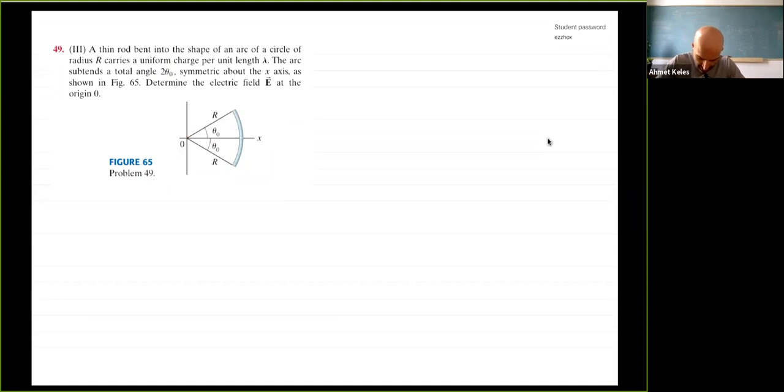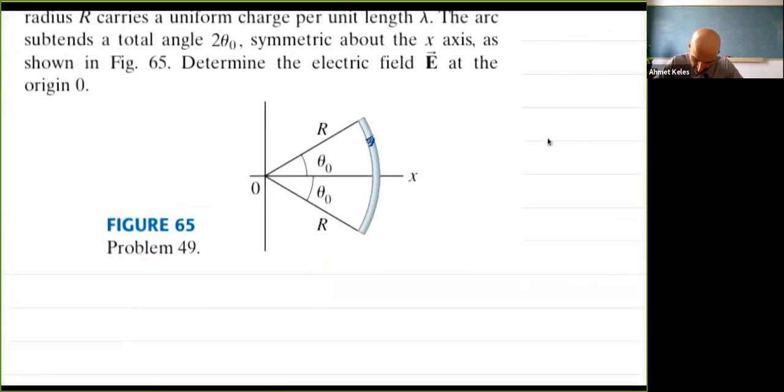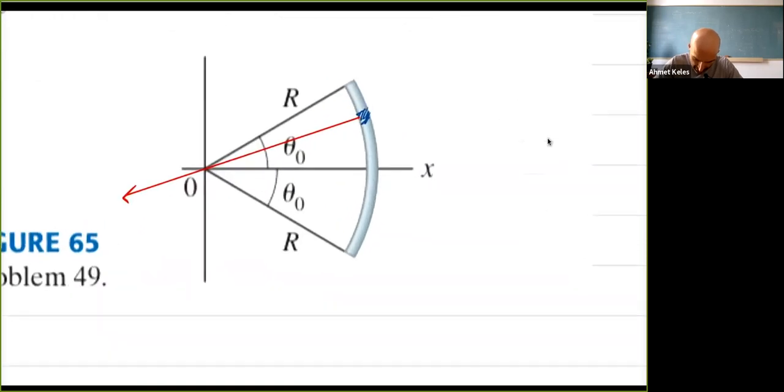So let me start. I just first do what we do all the time. I just choose a tiny little chunk, and I look at the contribution of electric field coming from this chunk like this. Something like that. And I say this angle is theta, then this angle is theta.